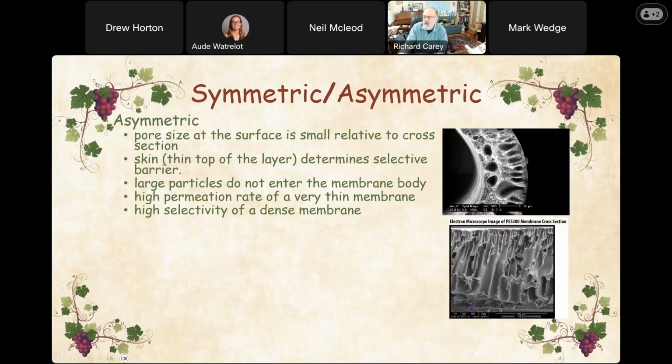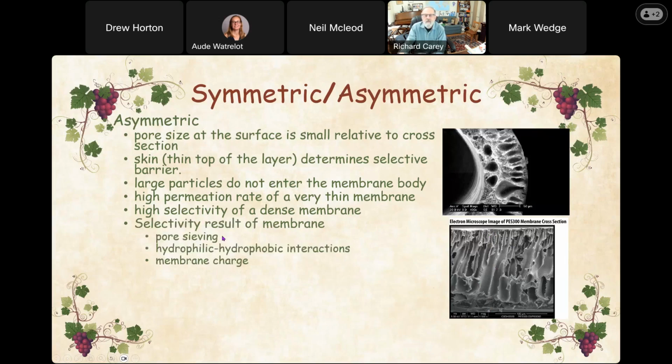This is another cross-sectional area at a molecular weight of 300. So it shows you how a particle can get through once it passes. It gives you a very clean selectivity of the membrane and its pore sieving. You can design in hydrophilicity or hydrophobicity to help with the interactions with the materials that are passing through, and you can even build in a membrane charge.